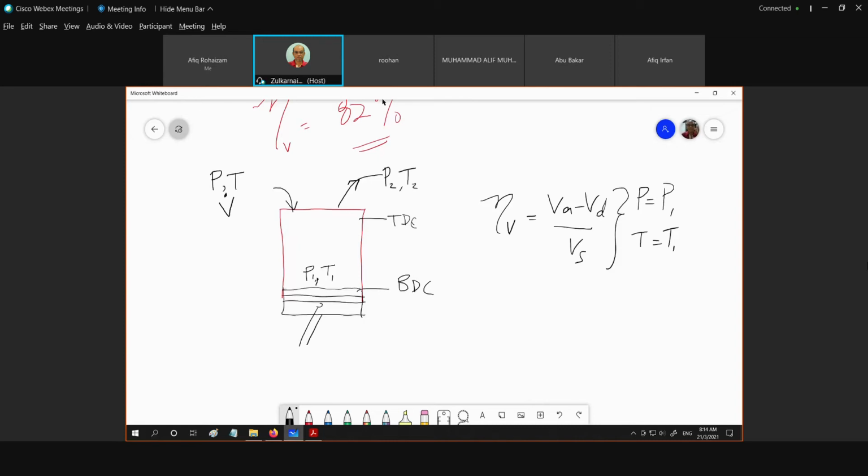Apa jadi kalau P sama dengan P1 sebenarnya? Kalau kita lihat P ni apa ni? P ni force kan? Ya, P is force divided by area kan? Jadi kita nakkan udara masuk dalam silinder. Kalau P is equal to P1, agak-agak udara masuk tak dalam silinder?